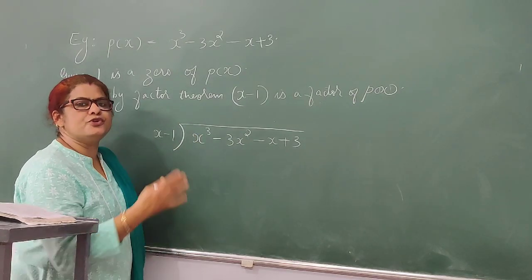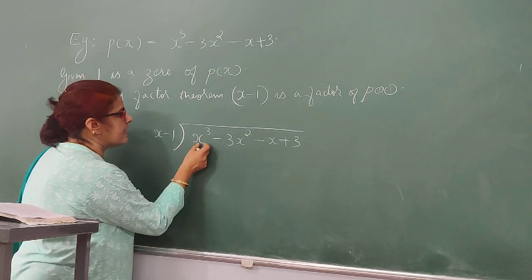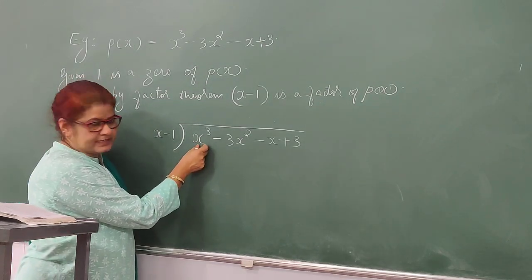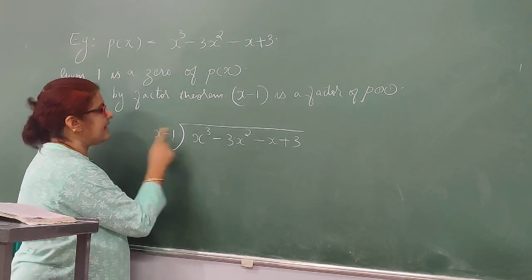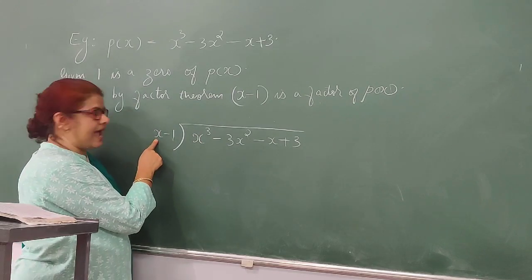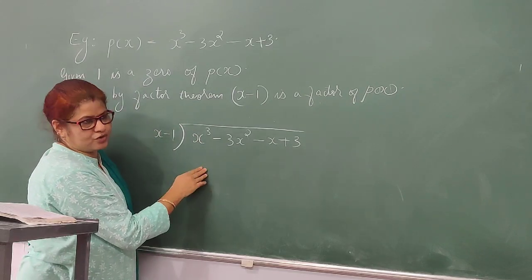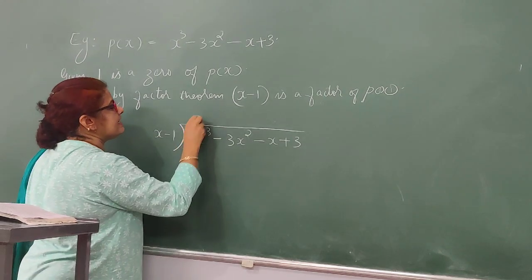And how to do division of polynomials? First of all, take the first term of the dividend and the first term of the divisor and divide. Here it is x cubed and here it is x. And you know the laws of exponents also. That is x cubed divided by x, we know that it is x squared.